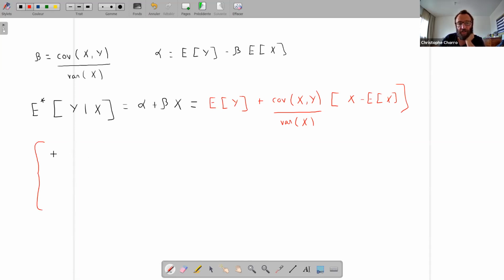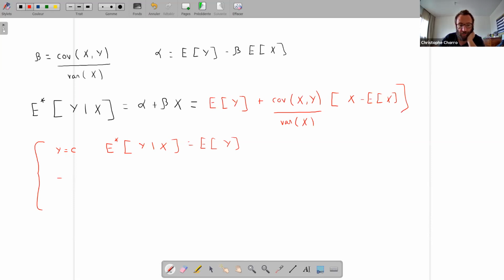And I can see from this one that if y is a constant, the best linear predictor is, of course, the expectation, because the covariance term will be 0. And intuitively, if y is a constant, of course my best linear predictor will not be an affine function of x, but just the constant.